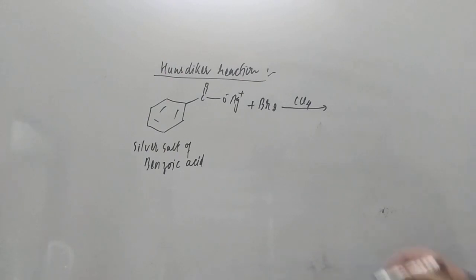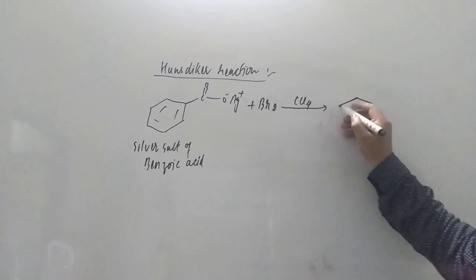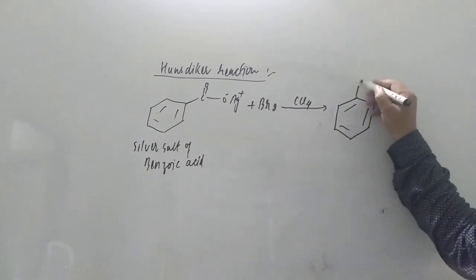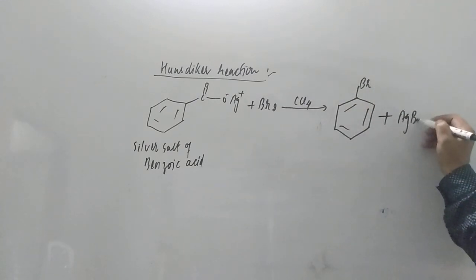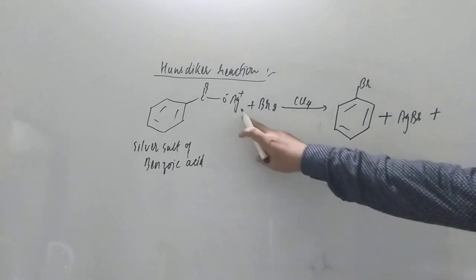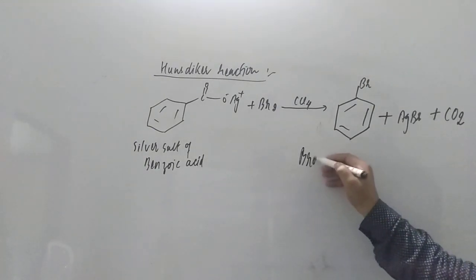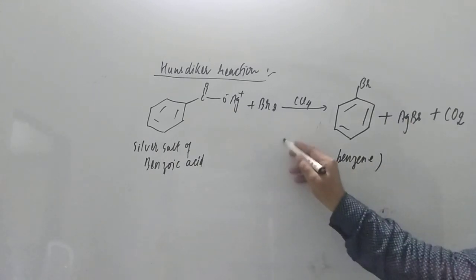What will form? The COO group leaves, and bromine gets added. One compound is AgBr, and what is left is carbon dioxide. The main product is bromobenzene. This whole reaction is known as the Hunsdiecker reaction.